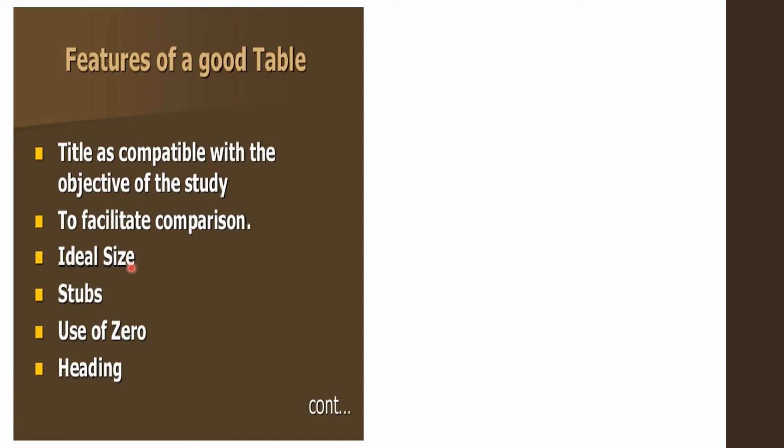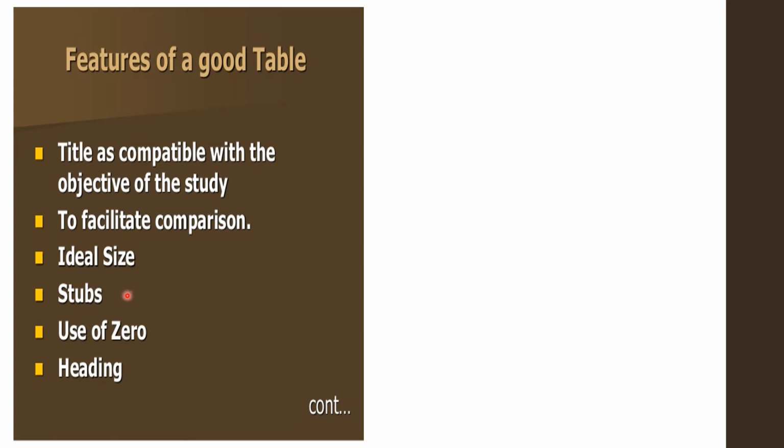Coming to ideal size, we have to keep in mind that before making the table, we must design it or make a rough draft or sketch of the table and get some idea of how many rows and columns should be drawn for the presentation of data, and only then are we going to make the final table.